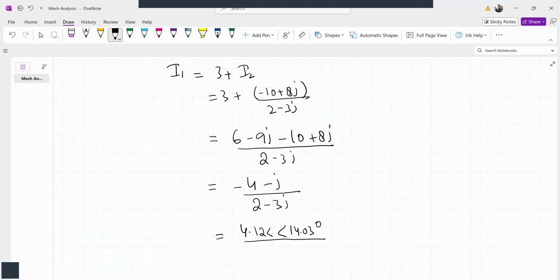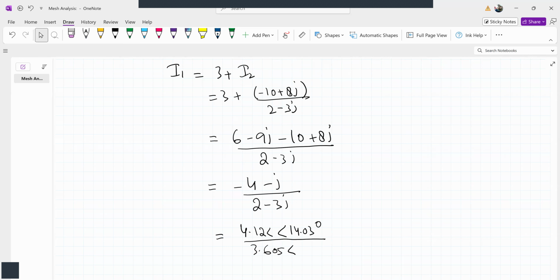What is the equivalent of the denominator in polar form? 3.605 at an angle of minus 56.309 degrees.